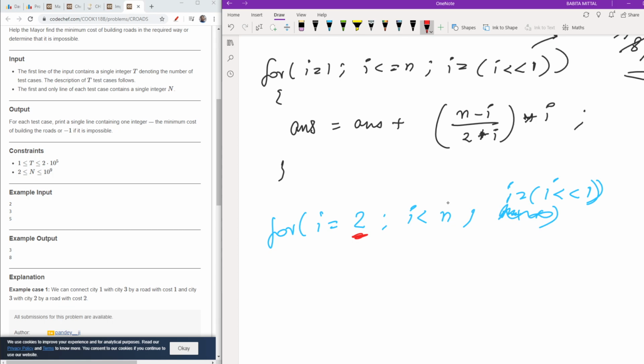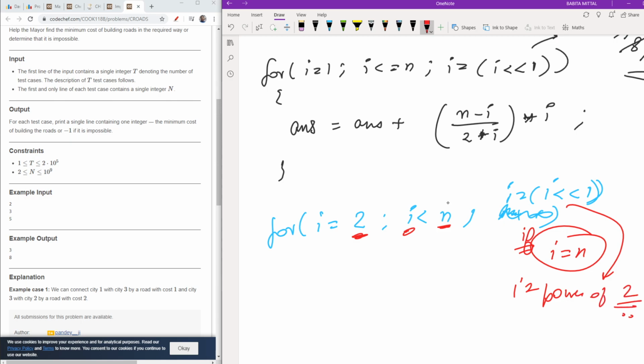And why not go up to n? See, if my i is equal to n, and as I can clearly see that i is a power of 2, then I need a number which is i plus 1 to attach it.